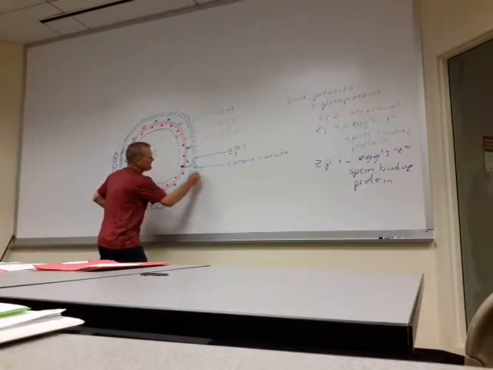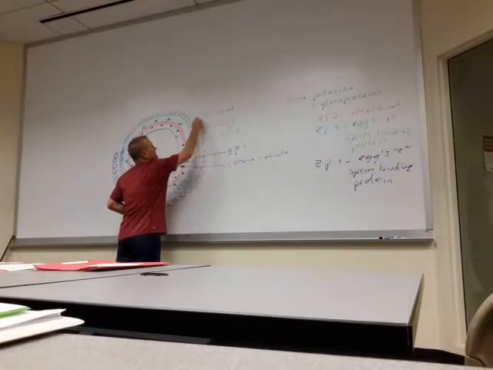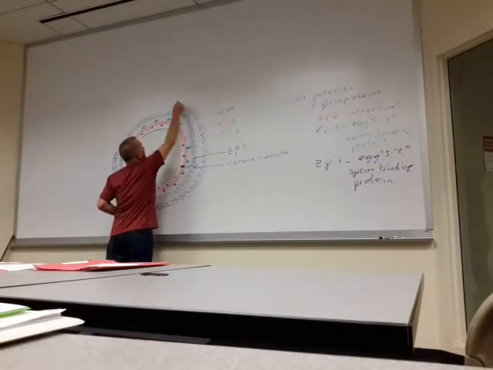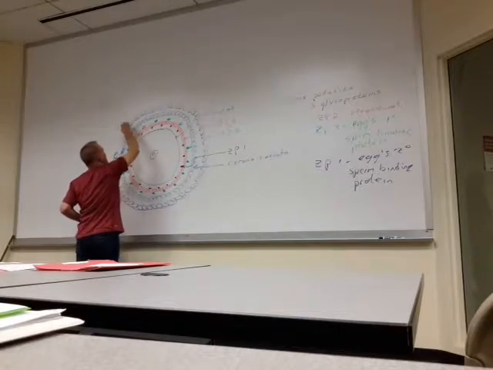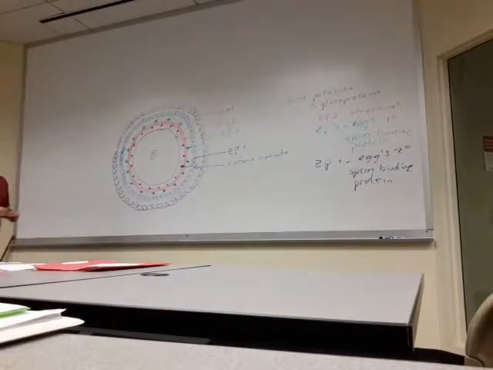As you're drawing this, as you're looking at this, remember that what we're trying to do here is get two haploid nuclei to come together. Look at all these barriers, look at all these layers.